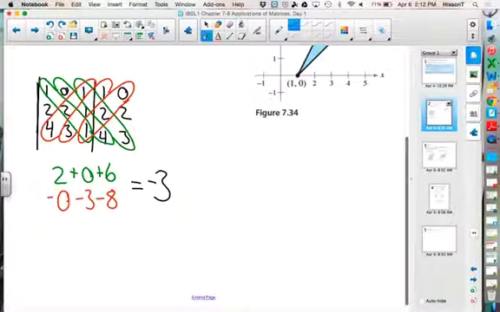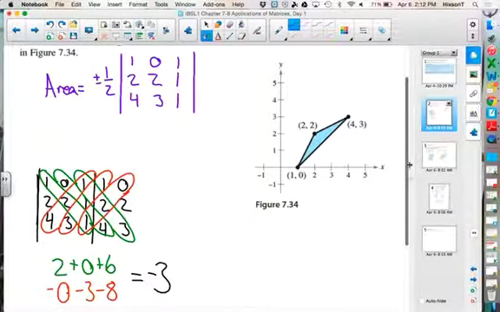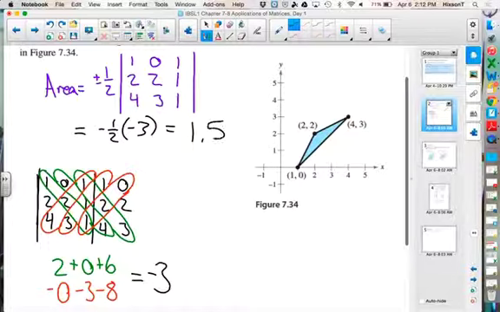Well, it doesn't. That's where the plus or minus comes in. Our area is plus or minus a half. Since our determinant was a negative 3, I want to use the minus 1/2. That gives me a positive area of 1.5 square units. Okay?